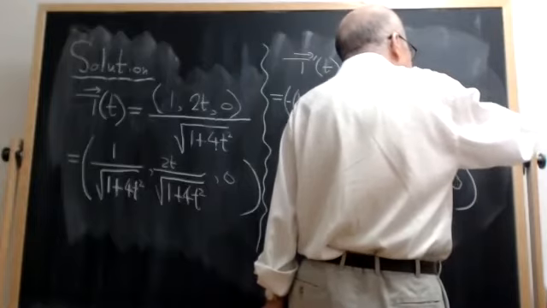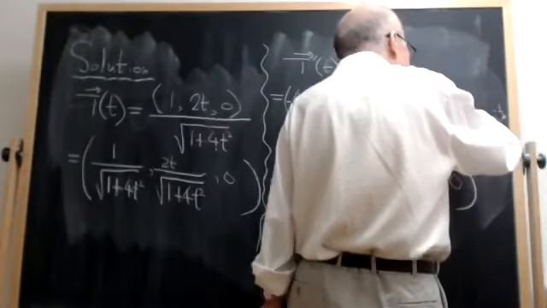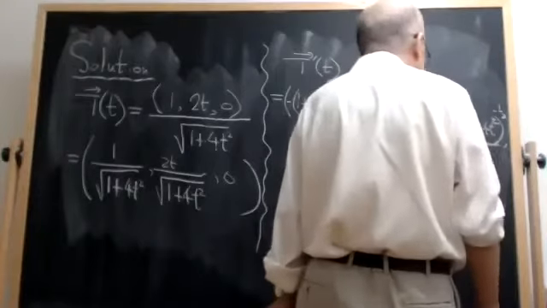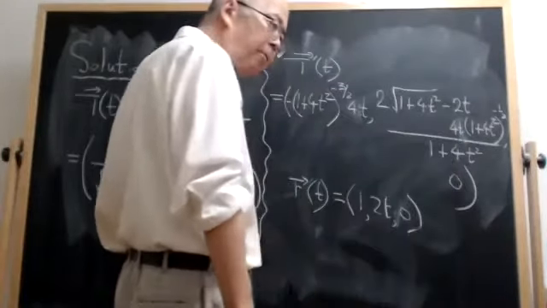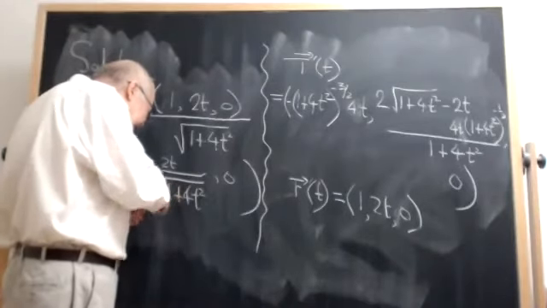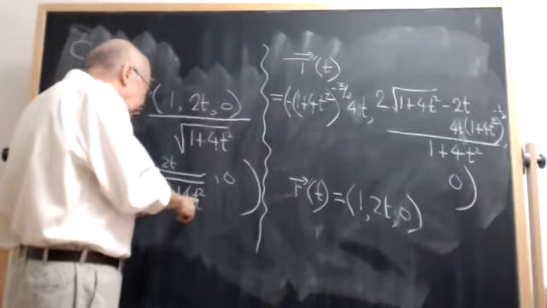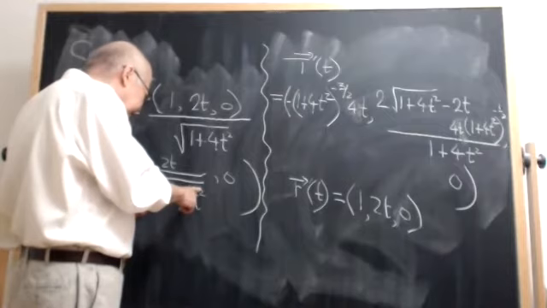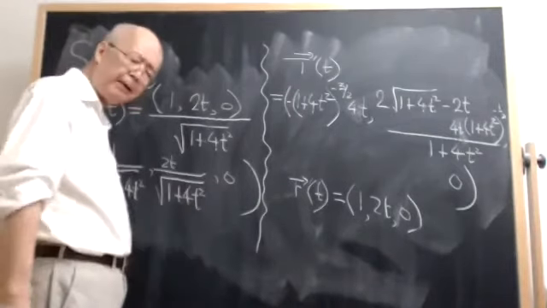And then I have 4t coming out, but I have 1/2, so it's 4t. And then I take the denominator squared. But sir, shouldn't it be -3/2? Why -3/2? Because when you differentiate 1 plus 4t squared to the power of 1/2, the 1/2 gets brought down, and then 1/2 minus 1. I differentiate the denominator, so it's 1/2 minus 1.